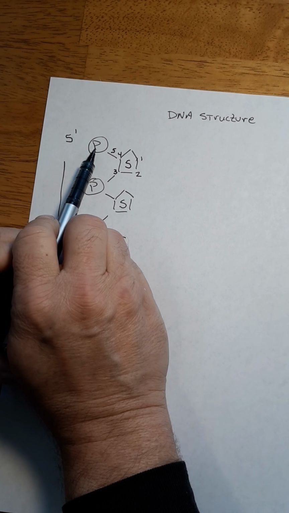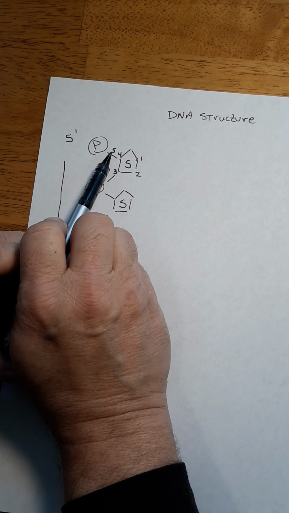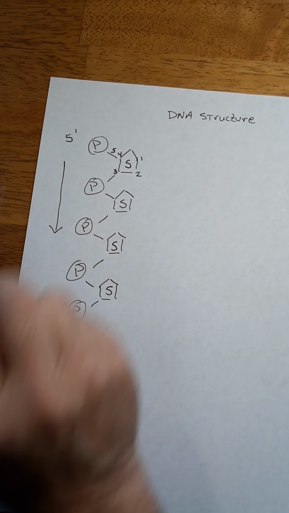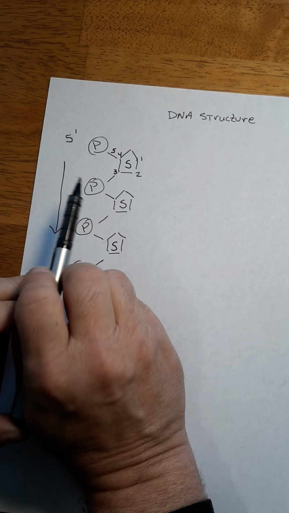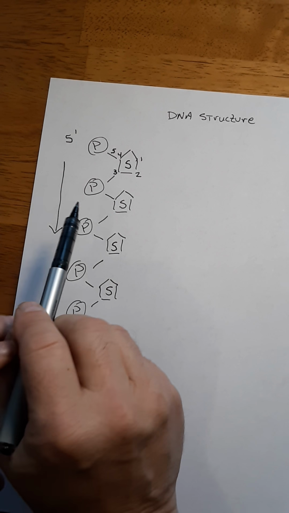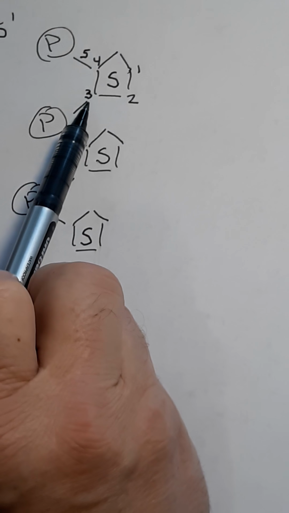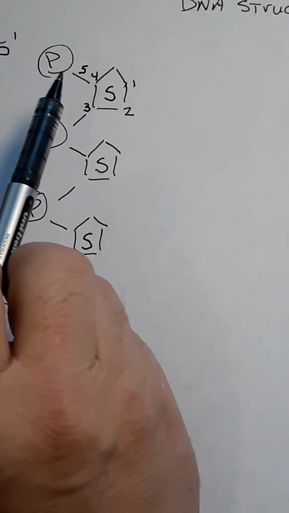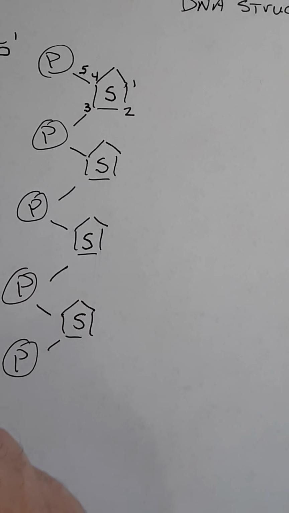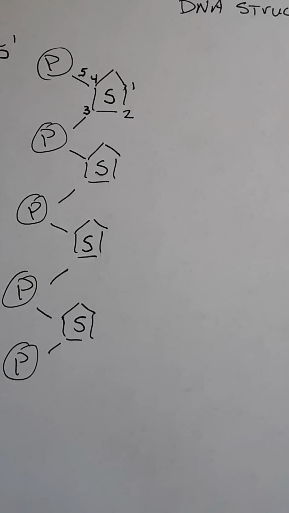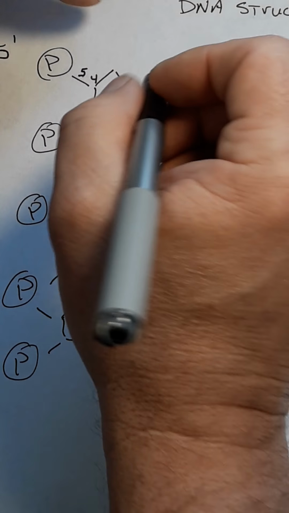So this phosphate is attached to the 5th carbon on the top side of this strand of the molecule. And then if you look down, this phosphate is attached to the 3rd carbon. So you have 5' to 3' running in this direction. The other side of the molecule is running the opposite direction. So that's the supporting structure of the DNA molecule.